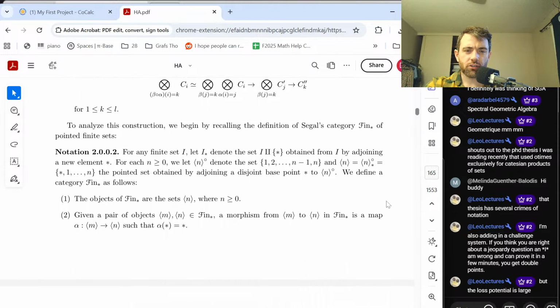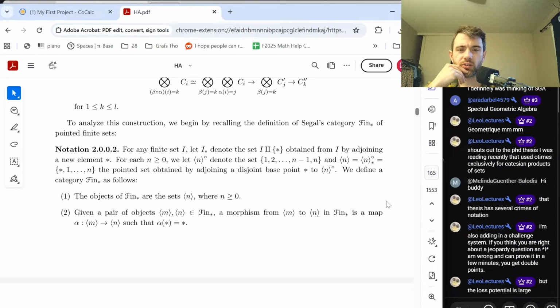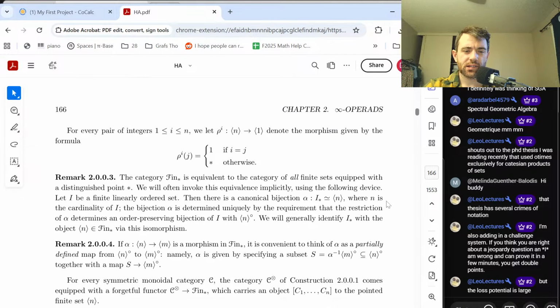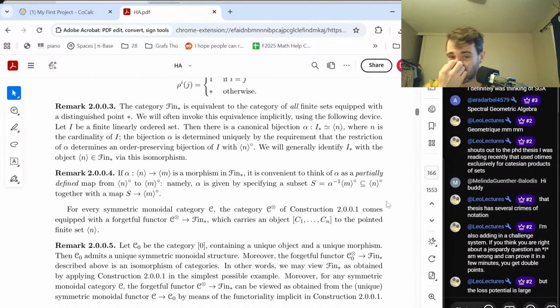To analyze this construction, we begin by recalling Segal's category of pointed finite sets. How is this going to help us?